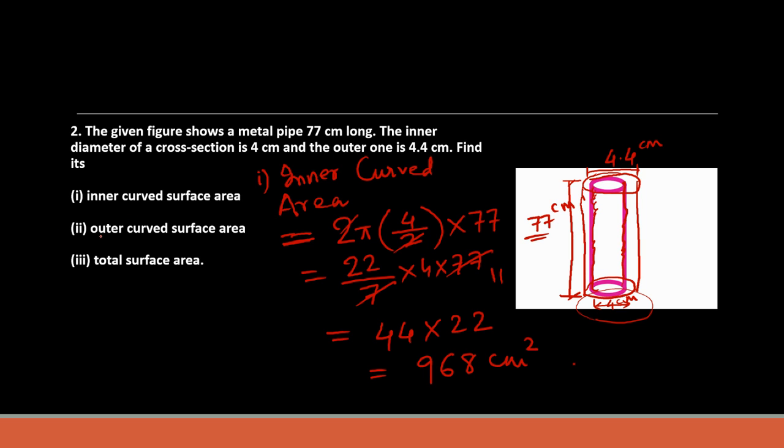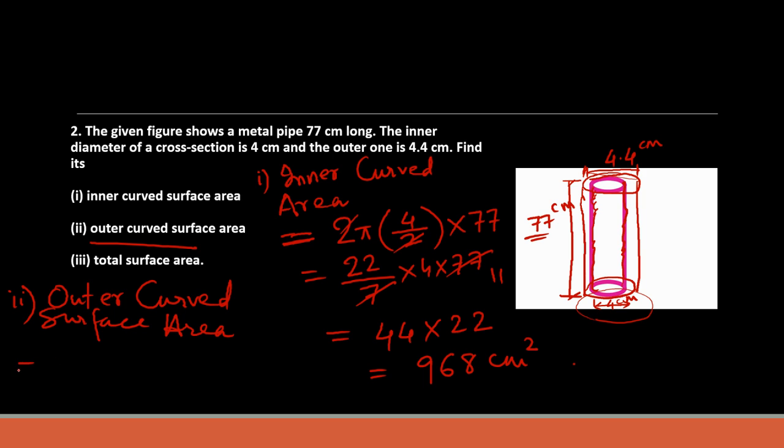Similarly, the next question is the outer curved surface area. You see the diameter is 4.4 centimeter, right? So for the outer curved surface area, it will be 2 pi r, where r is diameter 4.4 divided by 2, and height is similarly 7.7.